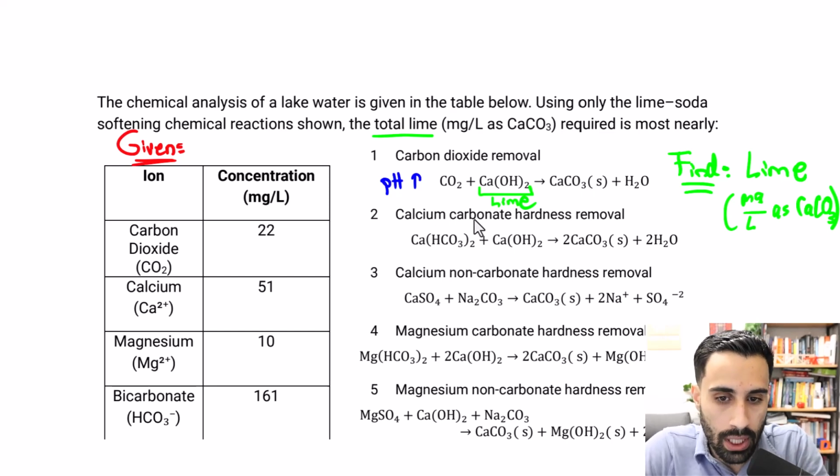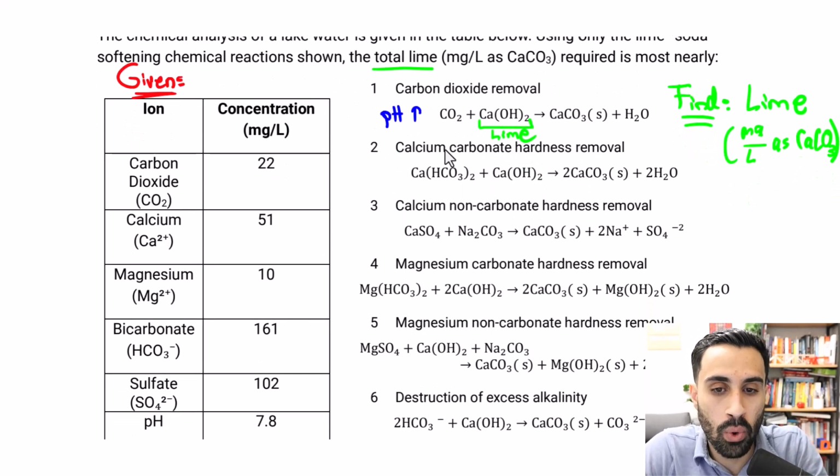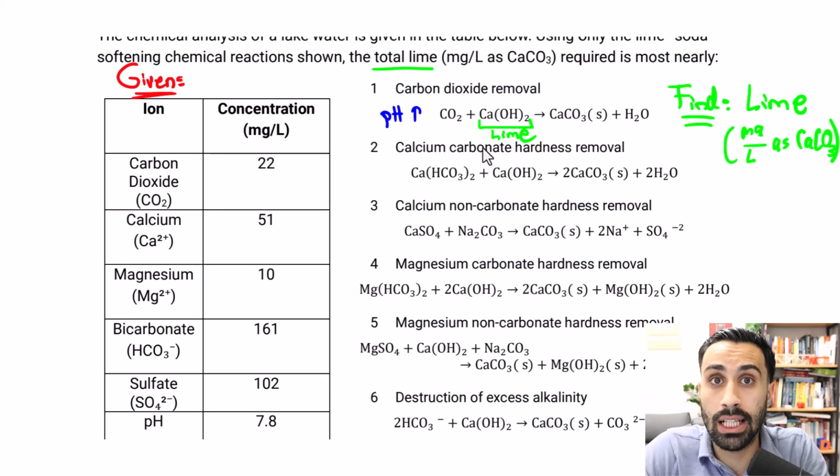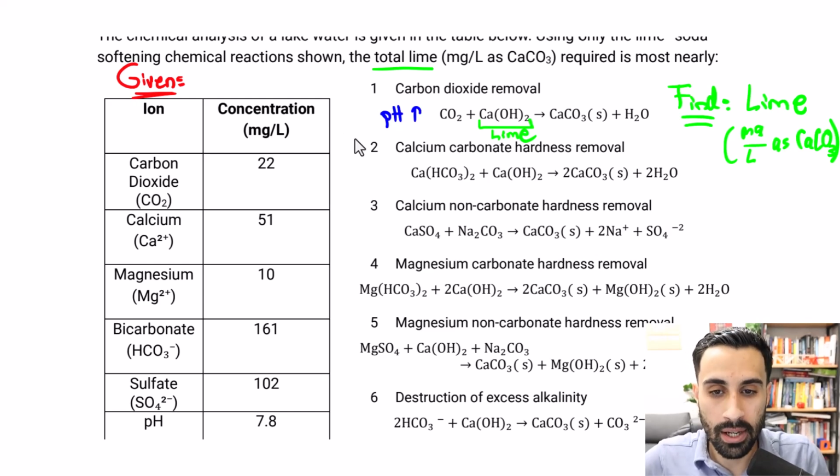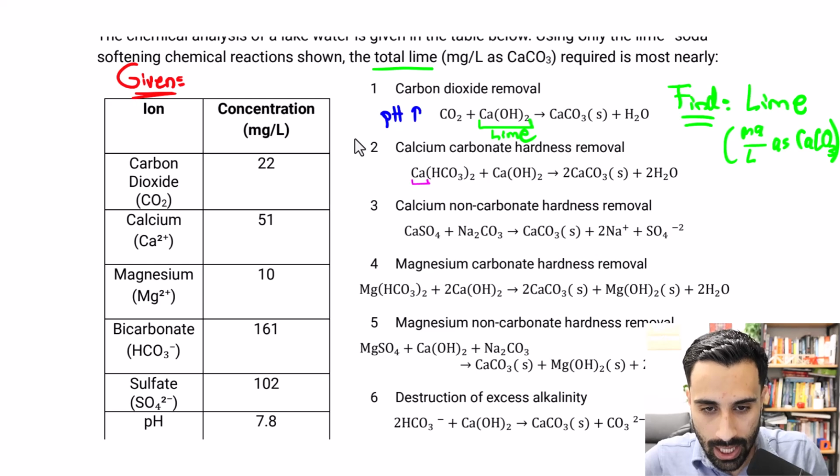Now, number 2, calcium carbonate hardness removal. Carbonate hardness is the temporary hardness that's easier to remove. In this one, we are removing the calcium associated with that critical bicarbonate ion. And that right there is this. The calcium here is associated with bicarbonate.